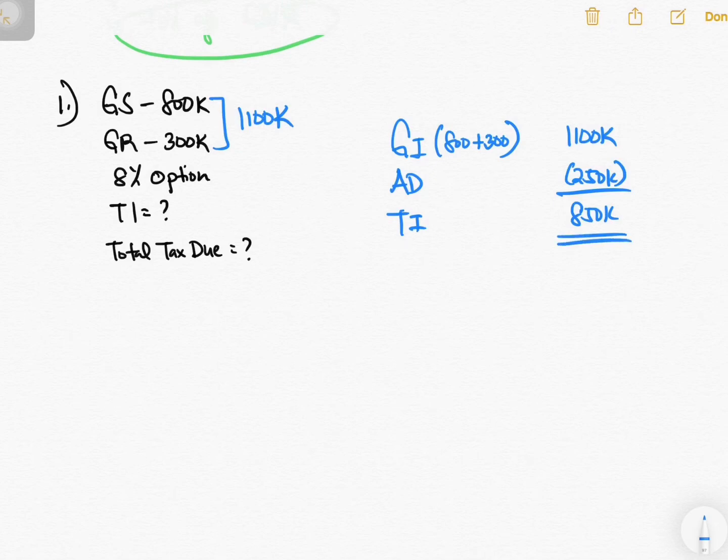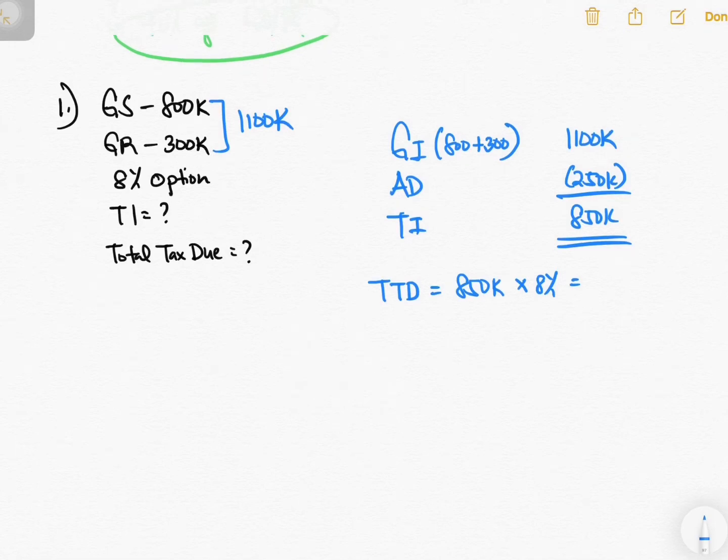So this is taxable income. Then how much is the total tax due? I'll just write TTD. What's your basis? 850,000 times 8%. The answer is 68,000.